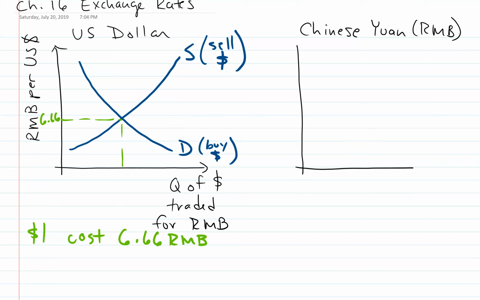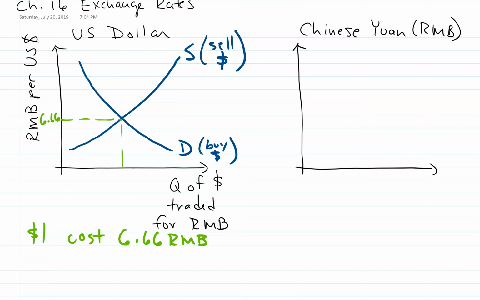So let's see what this looks like on the other side. The market we've drawn is the typical way that a lot of people think about exchange rates. They would typically just think about them this way. So we'll think of them in terms of the US dollar, but we could also write this the other way. We can think of it as the market for Chinese yuan. In this case, the demand is people who want to buy Chinese yuan, the RMB, and the supply is people who want to sell it.